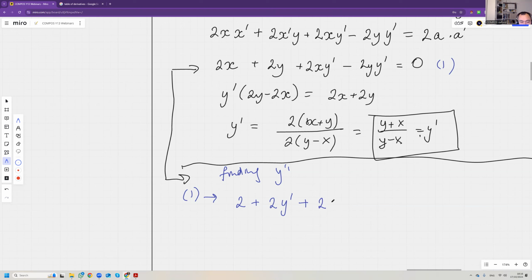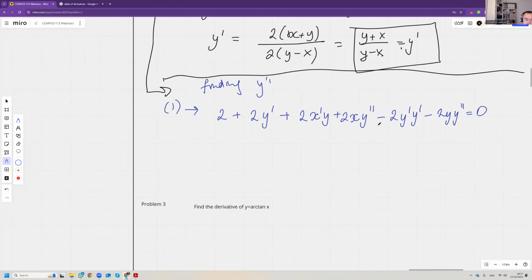So 2 x prime y plus 2x y double prime minus 2 y prime minus 2y y double prime equals 0.